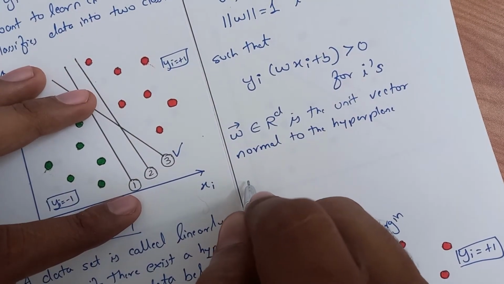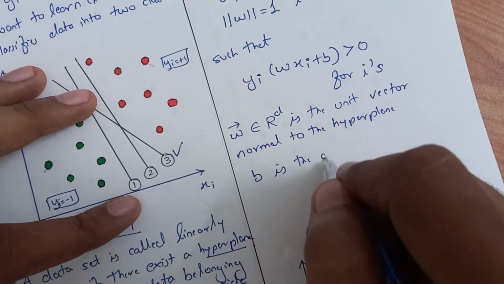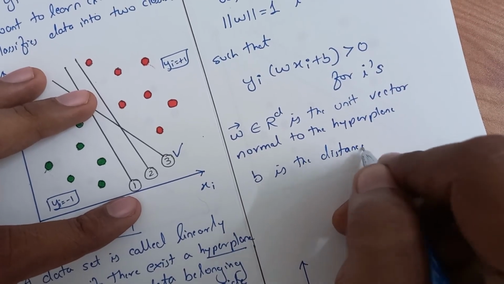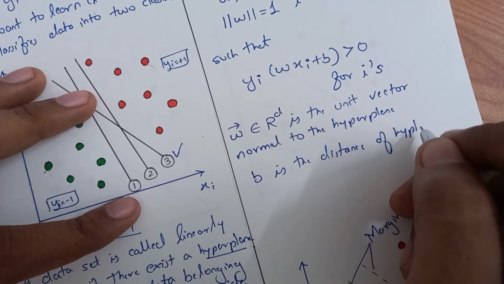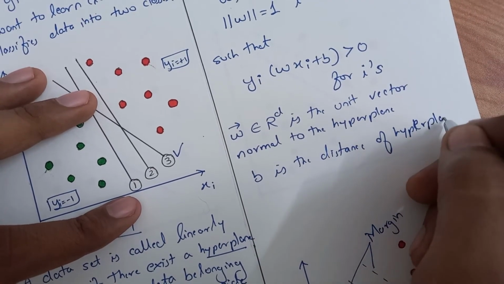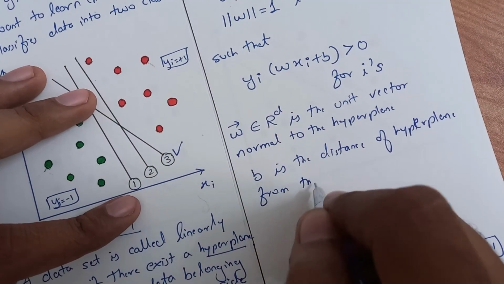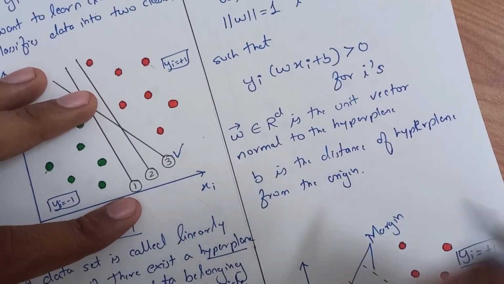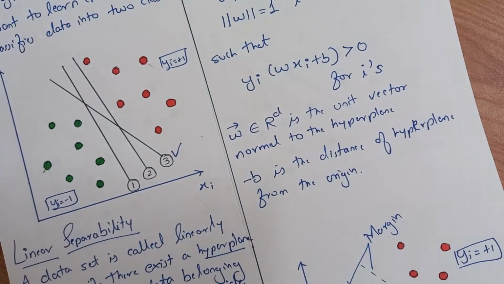B is the distance of the hyperplane from the origin, but it is also always denoted with a minus sign, minus B.